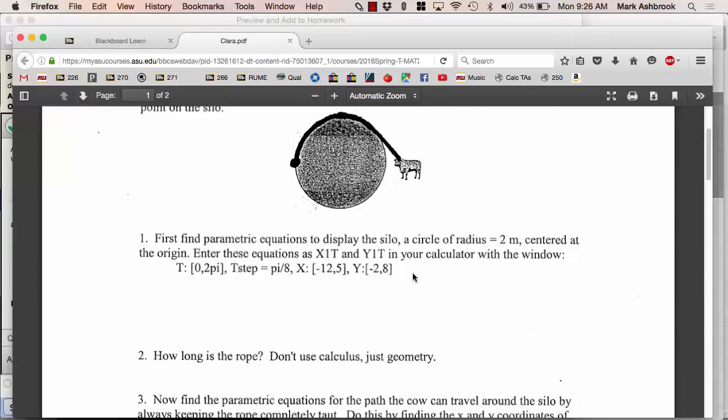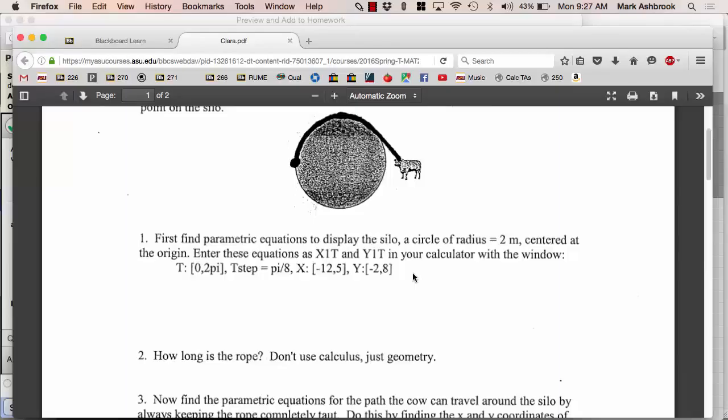T-step is basically asking how many points you want it to plot, or how often you want it to plot a point and then connect the dots. So it's going to create that curve by generating several points according to your t-step, and then just connecting the dots. So you need an interval for t, an interval for x and y for the display, and then a t-step.